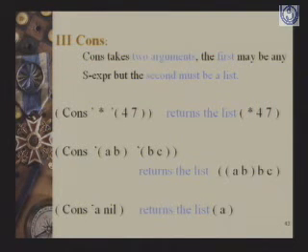Similarly, we have to be very careful that the S expression need not be just a symbol. It may be a number, a symbol, or a list also. The second example says cons quoted list A B and quoted list B C. Now the first argument here is the quoted list A B, and its evaluation removes the quote, leading us to a list A B, and this list A B is to become the first element of the second list.